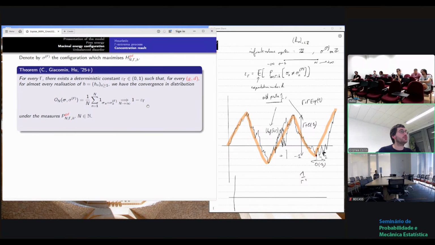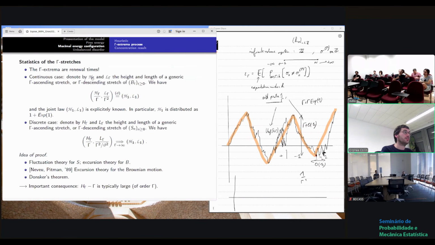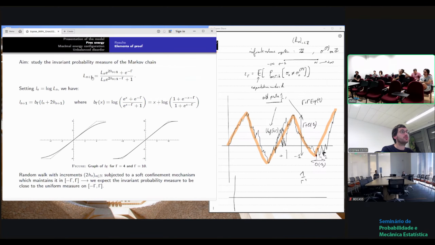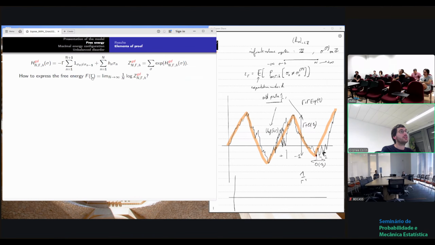I would be able to get any error of order 1 over gamma to the n. In some sense, I could understand everything that is going on up to order 1 over gamma to the m.